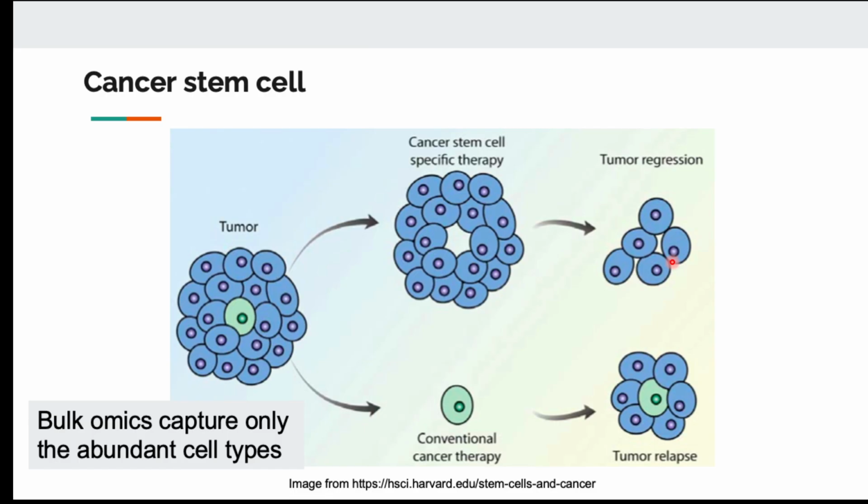Another situation that several people are interested in is that inside each tumor there will be some specialized cells, called cancer stem cells. They behave like stem cells. They can differentiate and create a whole new cancer if the cancer stem cell is alive. But if you do bulk omics inside a tumor, there will be very few stem cells, and most of the cells will be the differentiated version. So you only see the signal from the differentiated cancer cells.